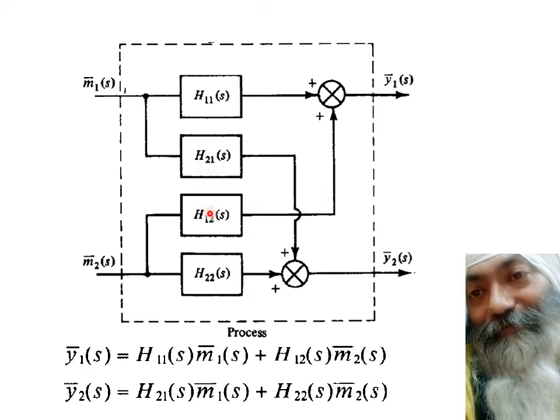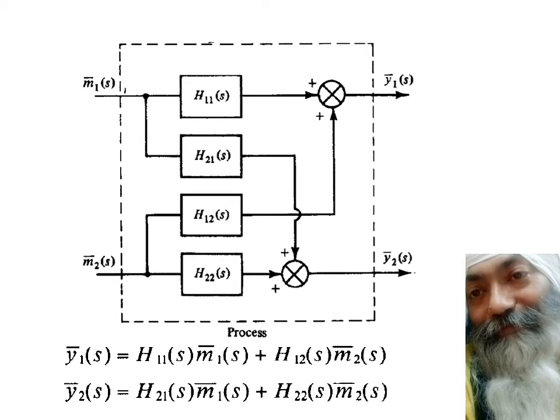They are called interacting blocks because they give the interaction of this input output loop with this one, and this block makes the lower loop interact with the upper process, and therefore we have an overall four interacting blocks.